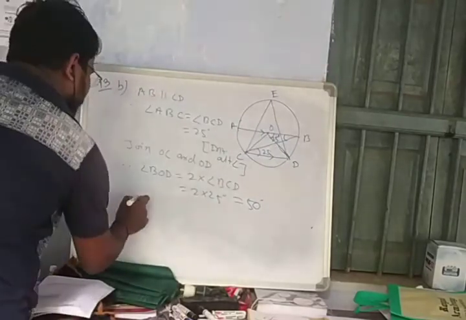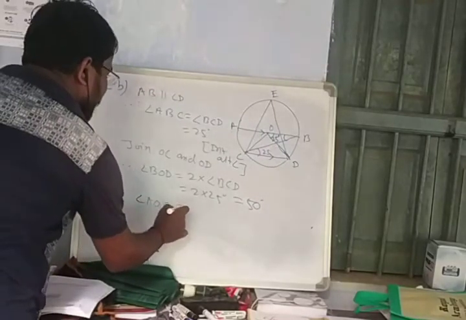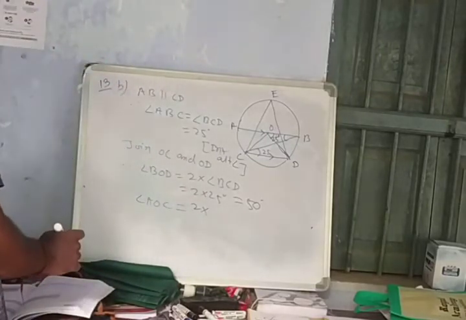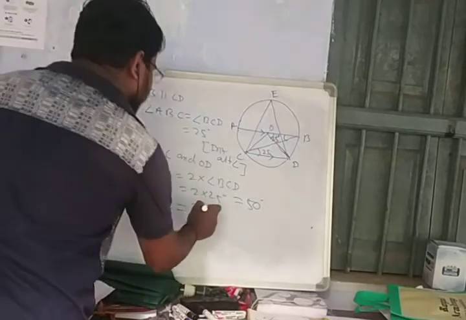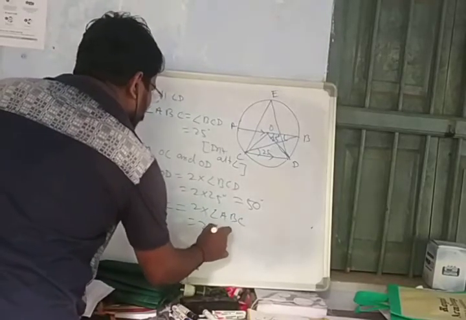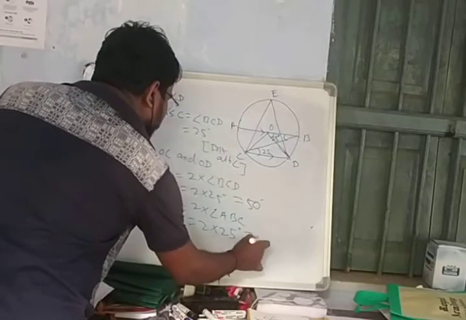Same as also AOC. You just see the figure, then you can understand everything. AOC equals 2 into angle ABC, that is 2 into 25 degrees equals 50 degrees.